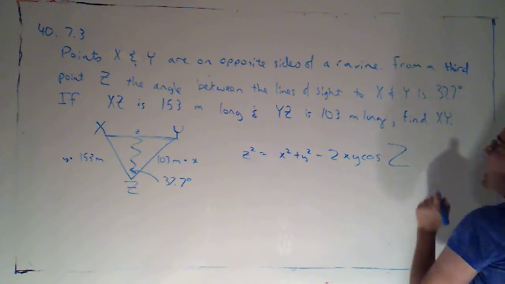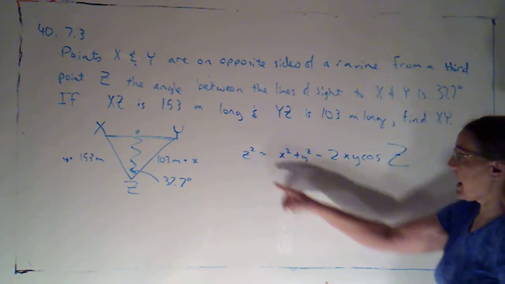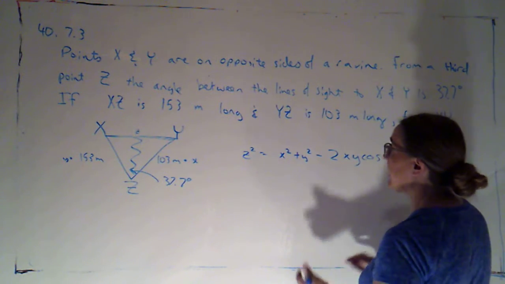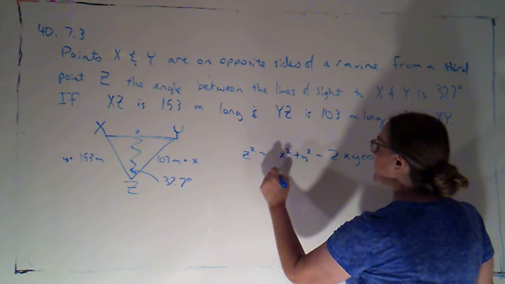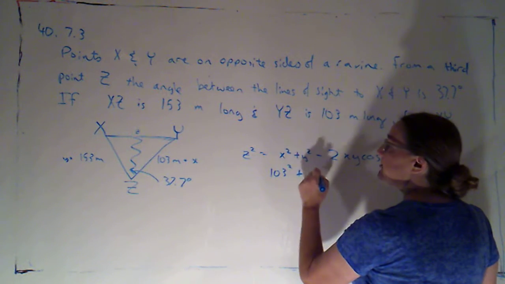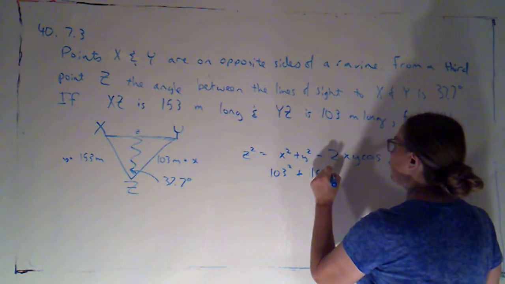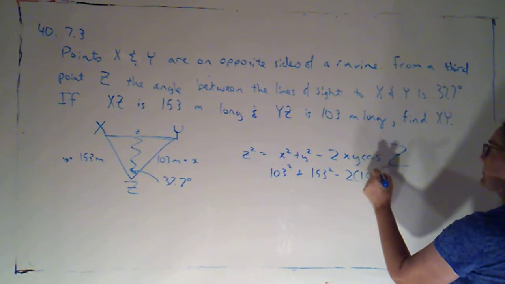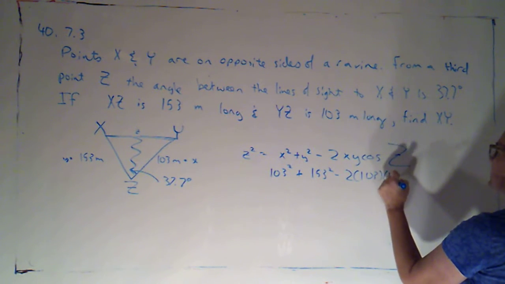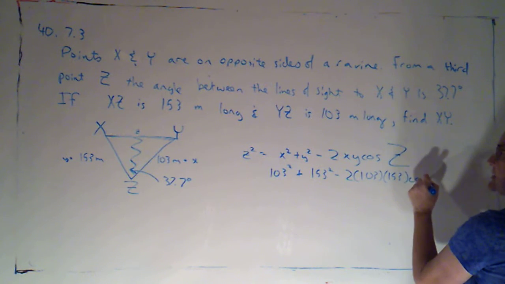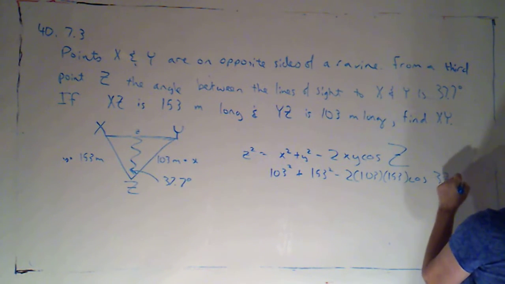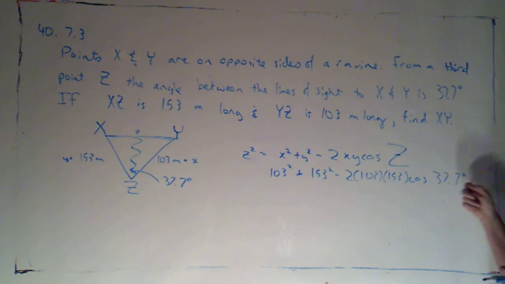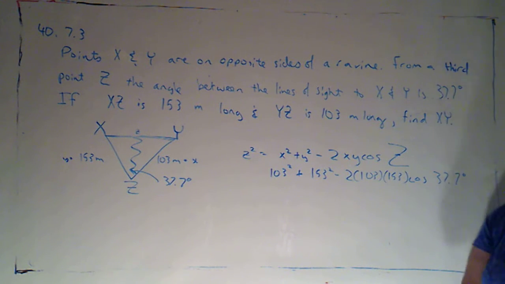Okay. All right, so I'm going to just plug in what I know. So x squared, that's going to be 103 squared, plus y squared is 153 squared, minus 2 times x is 103, times y is 153, times cosine of angle z, which we were told was 37.7 degrees. So cosine of 37.7 degrees.